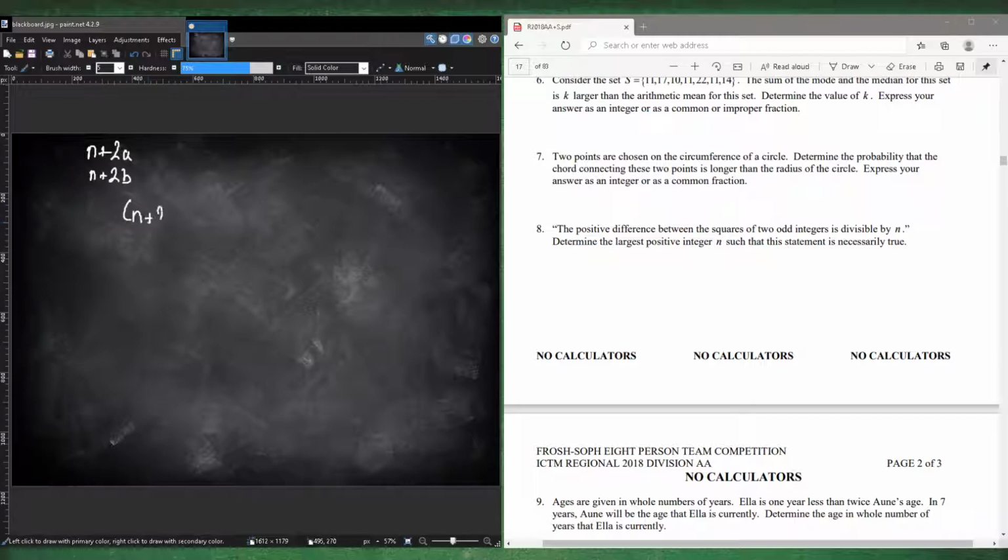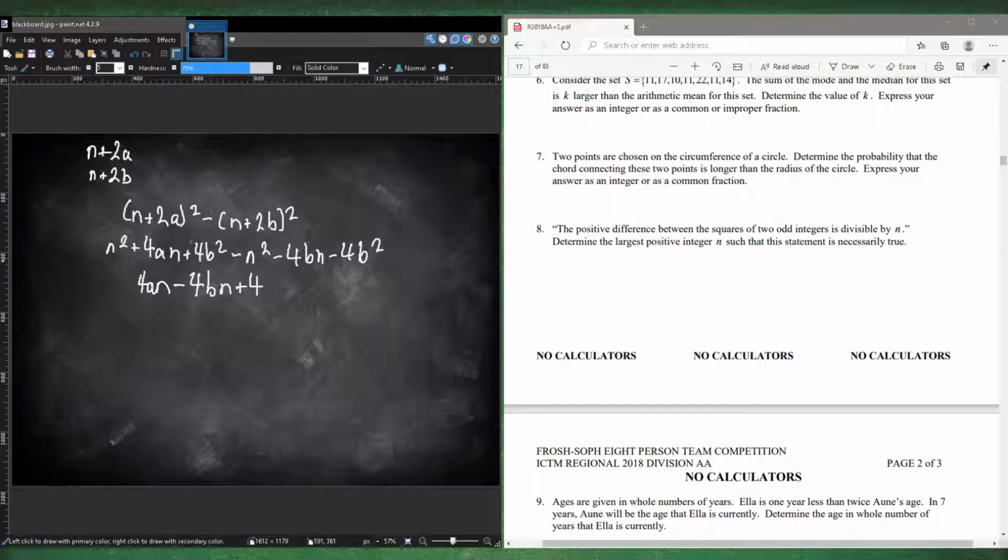So then we have n plus 2a squared minus n plus 2b squared. And then n squared plus 4an plus 4a squared minus n squared minus 4bn minus 4b squared. And then we could cancel out the n squares, right? So then 4an, and I'm going to put that with the 4bn.